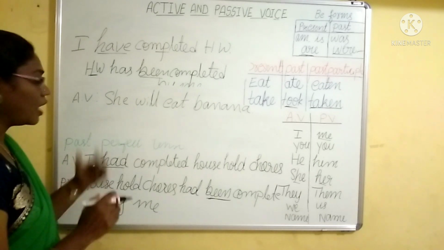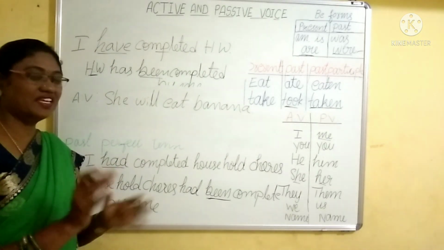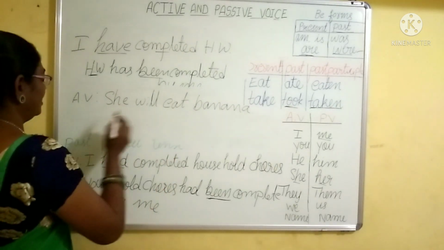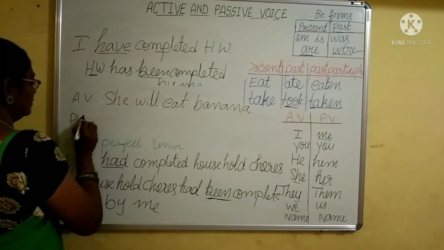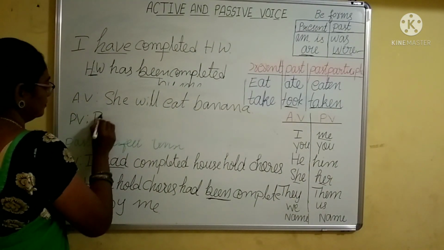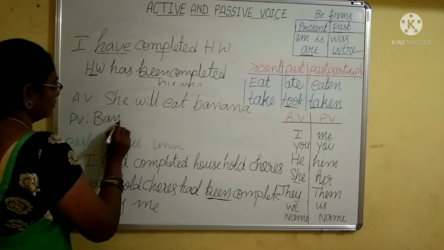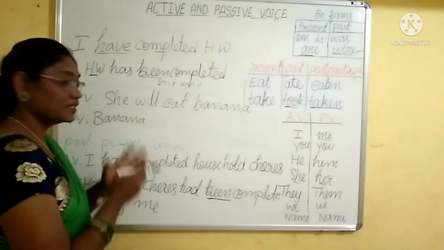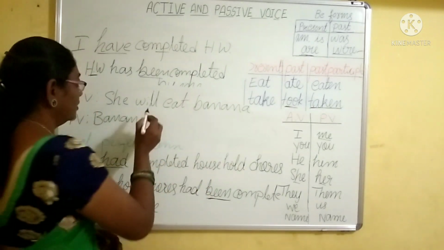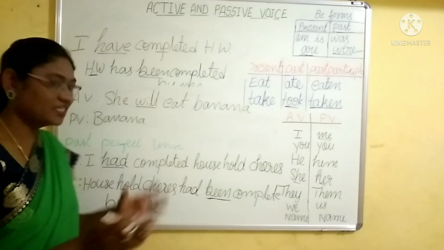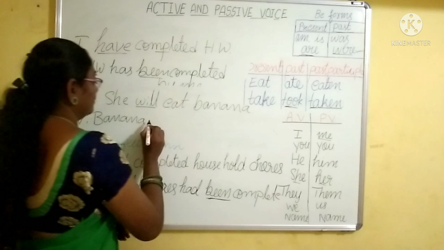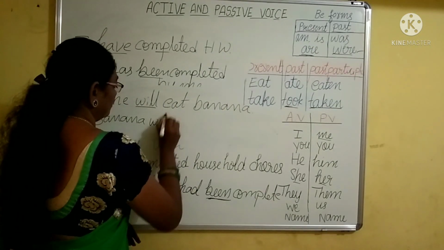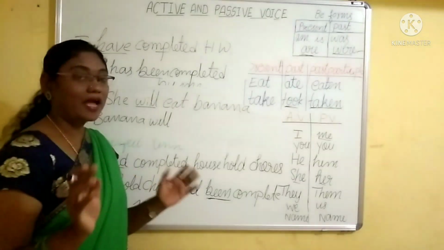Then how do we change this into passive voice? Very simple. Banana, you write banana. Look at the helping verb. Is there any helping verb? Yes, obviously will. Just write as it is. You add be.